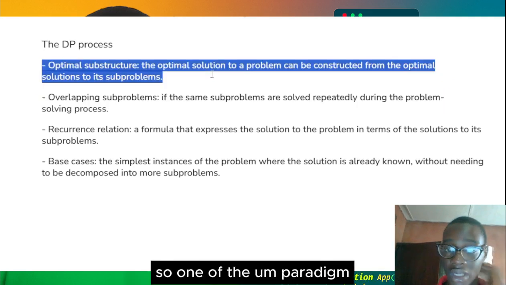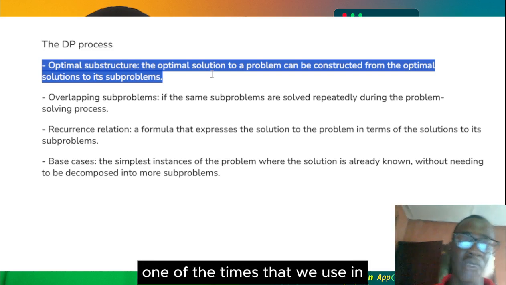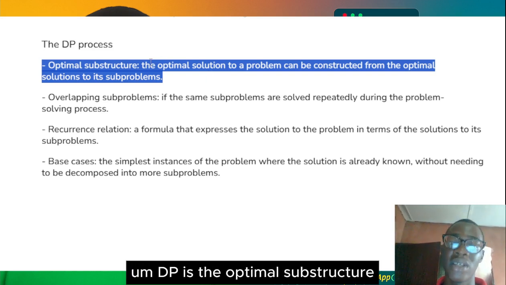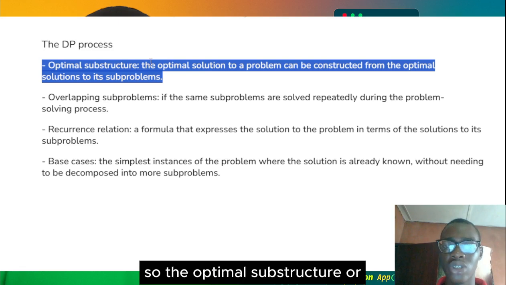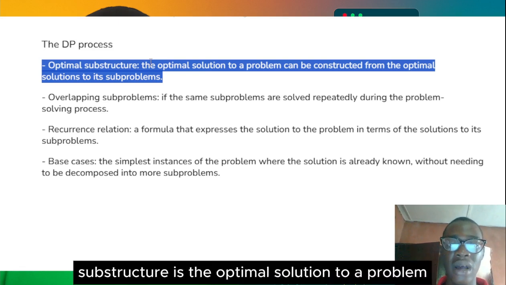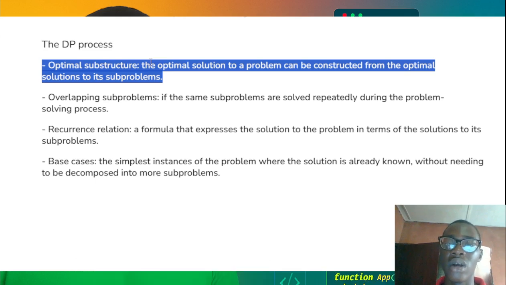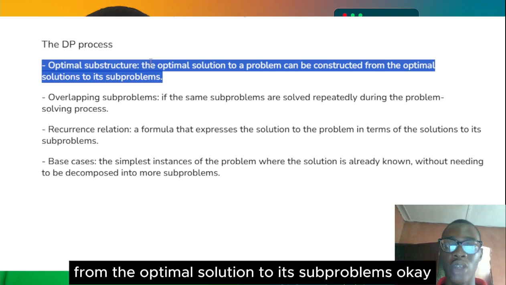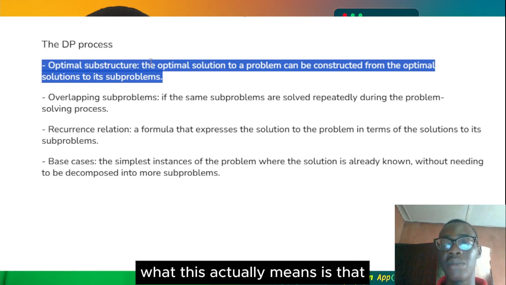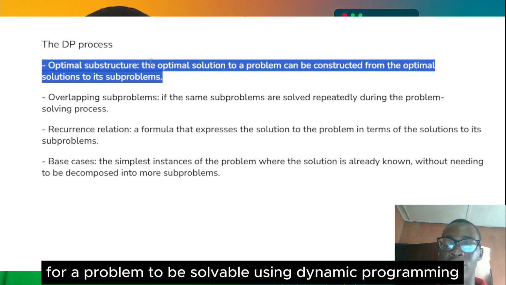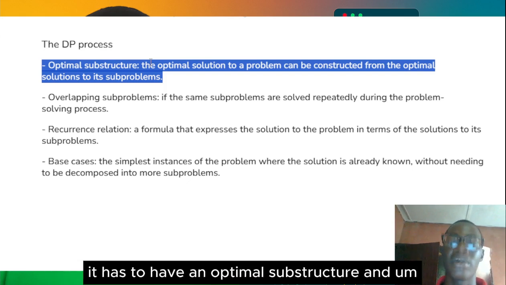One of the paradigms and terms that we use in DP is the optimal substructure. The optimal substructure means the optimal solution to a problem can be constructed from the optimal solutions to its subproblems. What this means is that for a problem to be solvable using dynamic programming, it has to have an optimal substructure.